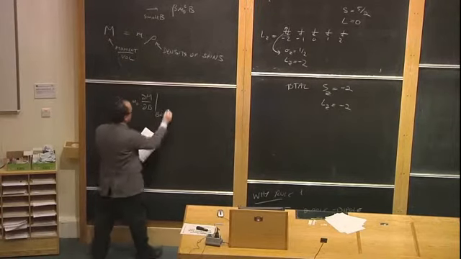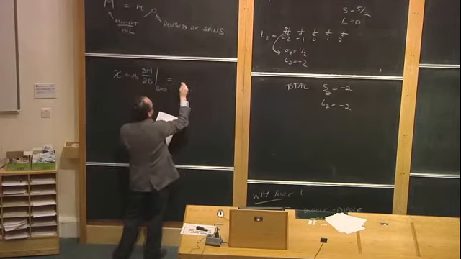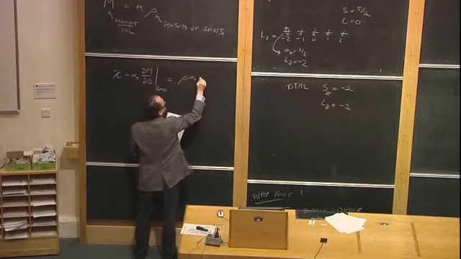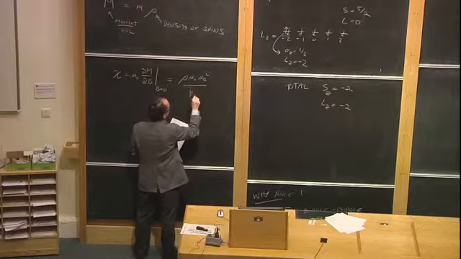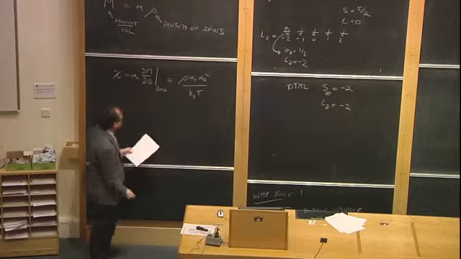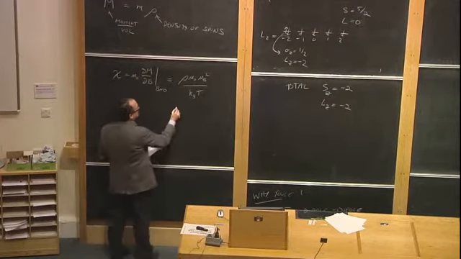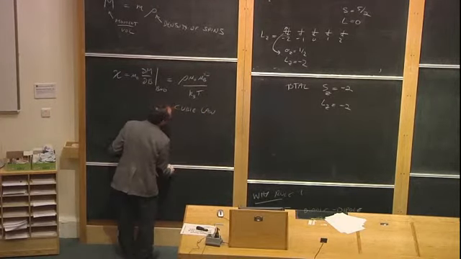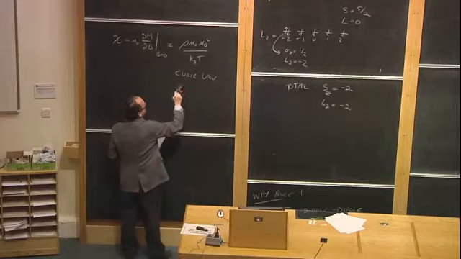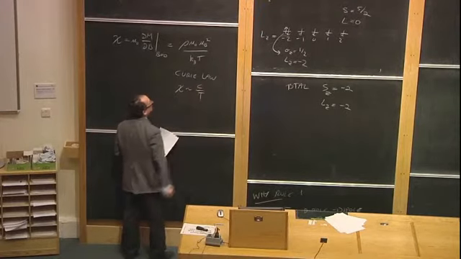If you go through that and take that limit, you get rho mu naught mu B squared over kBT, which hopefully looks familiar from last year. This is known as Curie's law. In fact, more generally, Curie's law is any time the susceptibility is some constant over T, which indeed this is.